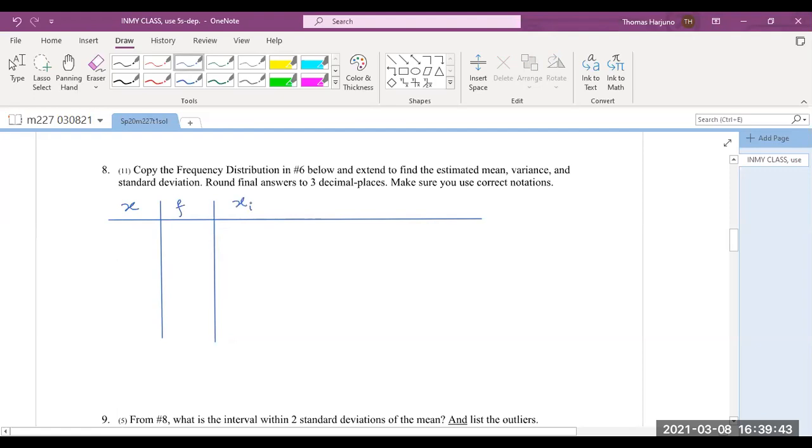This is X subscript i. That subscript is not X times i. Don't write it as if that's multiplication. No, that's a subscript. And then the first extension, we multiply f times xi. The second extension, we have xi squared and then f xi squared.